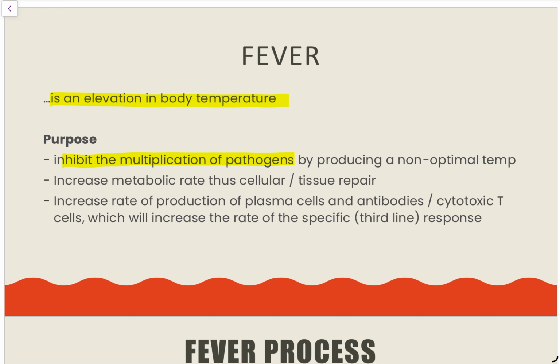It helps us as it increases our metabolic rate, so it helps us with our tissue repair. And finally, it's going to increase our rate of production of plasma cells and antibodies and cytotoxic T cells. Okay? Now, what this is going to do is it's going to increase our third line response, which we'll get to in a lesson's time.